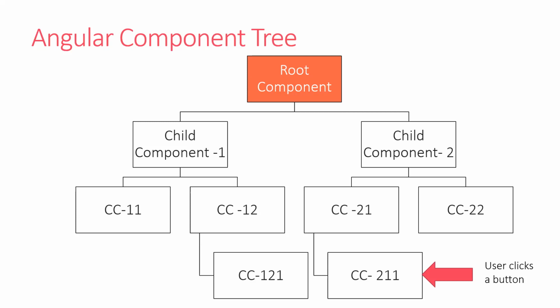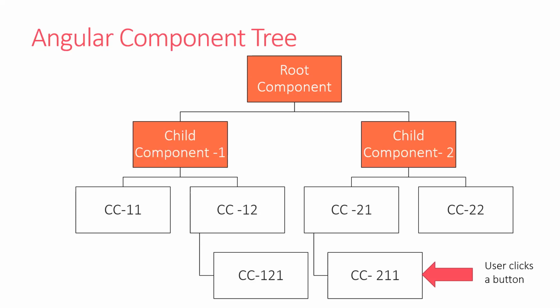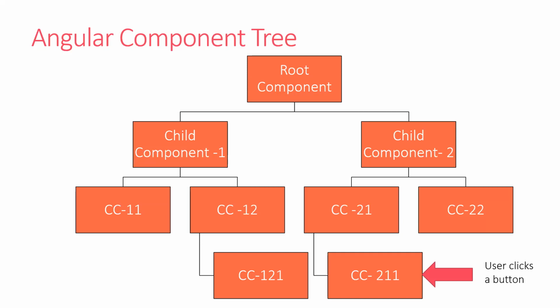If there are hundreds of components in your Angular application and the user clicks a button on the childmost component, Angular starts running change detector first for the root component, then further for the child components, and then it will come back to that component. So this change detector is a very expensive operation.